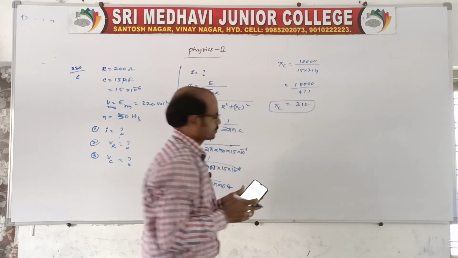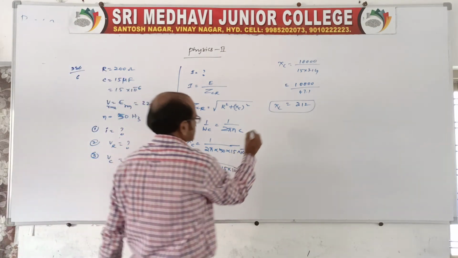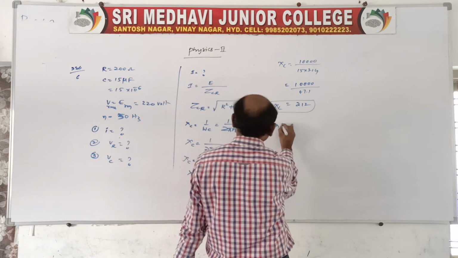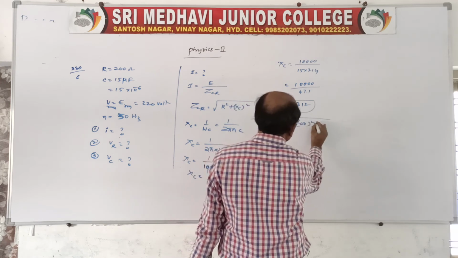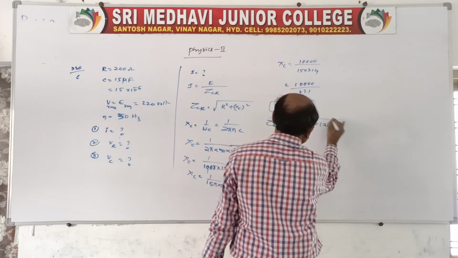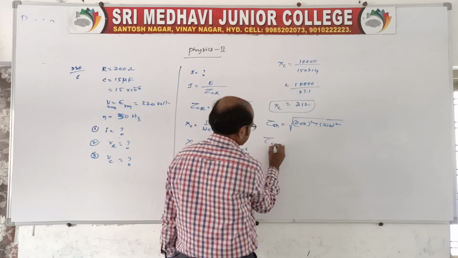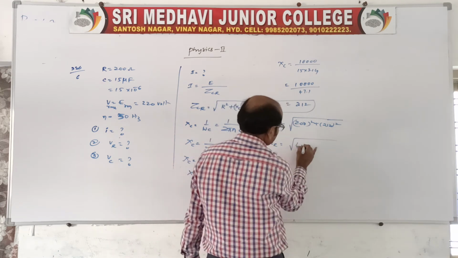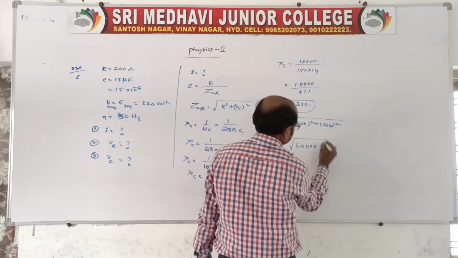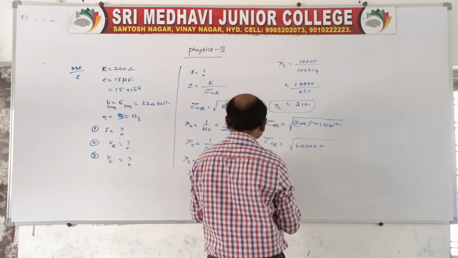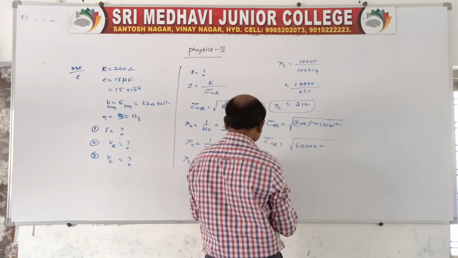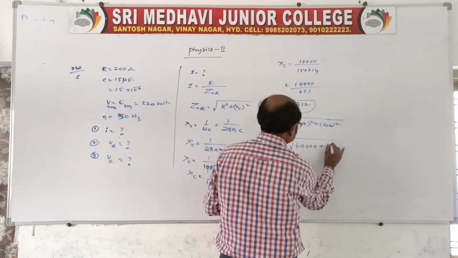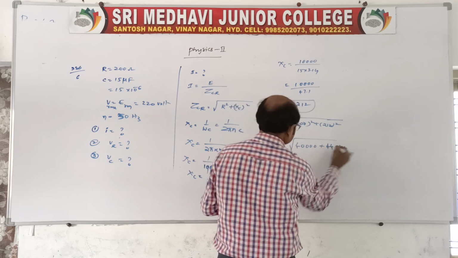Clear now? Okay. Then ZCR is equal to root over R, which is 200, whole square, and here 212 whole square. So ZCR is equal to root over 200 square, that is 40000, plus 212 square. Again you take 212 into 212, that is 44,944.